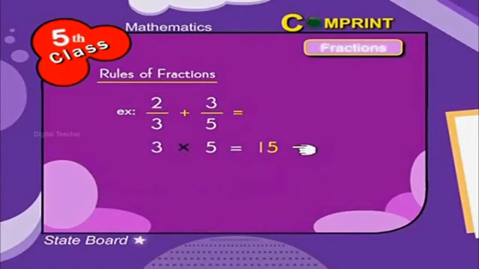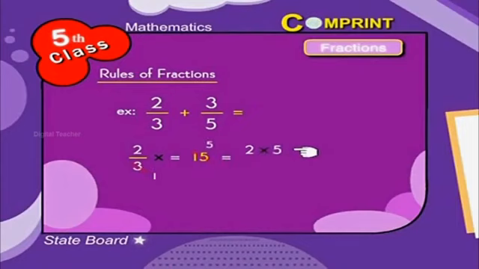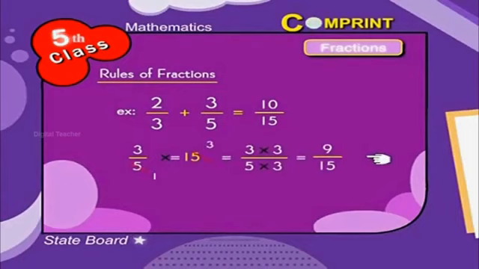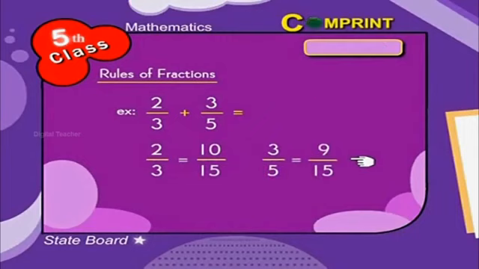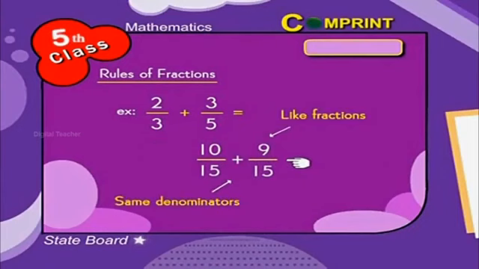So, 3 into 5 is equal to 15. 2 by 3 into 15. 3 5s are 15, 2 5s are 10. So 10 by 15. For another, 3 by 5 into 15. 5 3s are 15, 3 3s are 9. So 9 by 15. 2 by 3 is equal to 10 by 15. 3 by 5 is equal to 9 by 15. Now we can add the both fractions. 10 by 15 plus 9 by 15 is equal to 19 by 15.